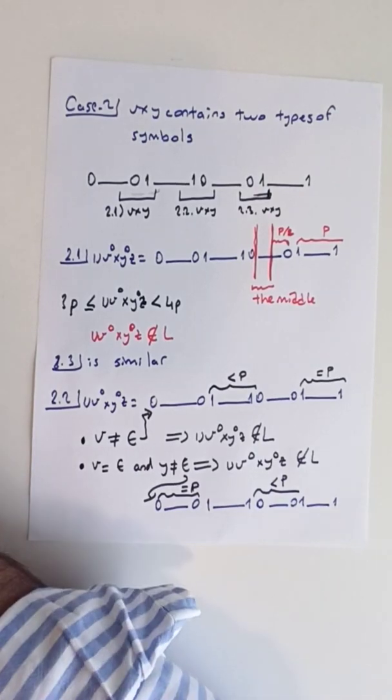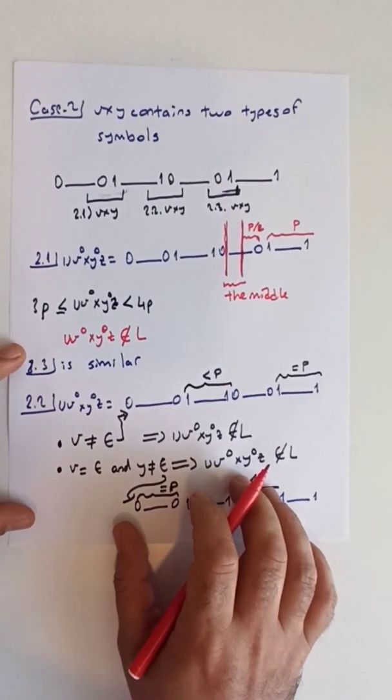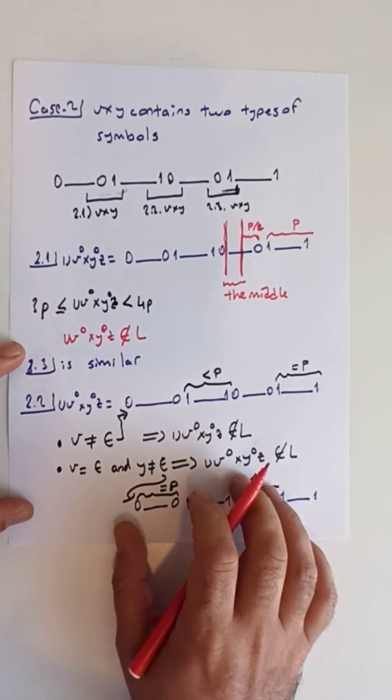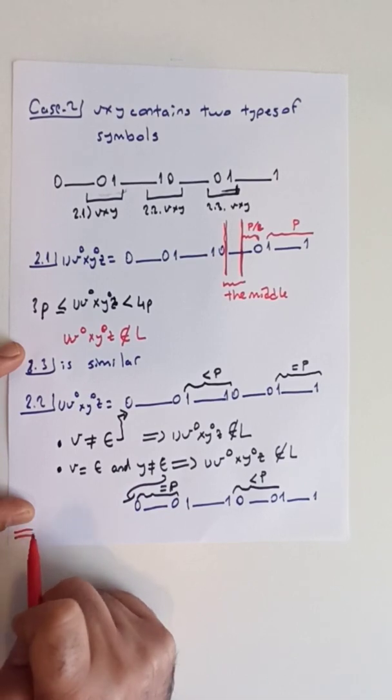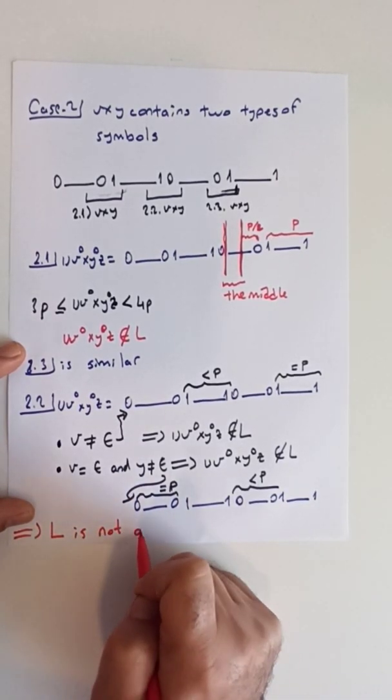Since we have covered all possible cases, and in each case we have been able to show that there exists some integer i such that uv^ixy^iz is not in the language, this implies that the given language L is not a context-free language.